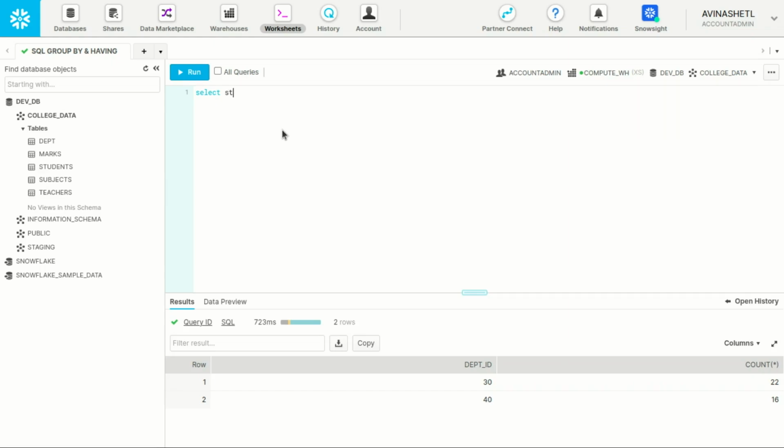Select, as we are looking for every subject, so we need to select subject_ID.